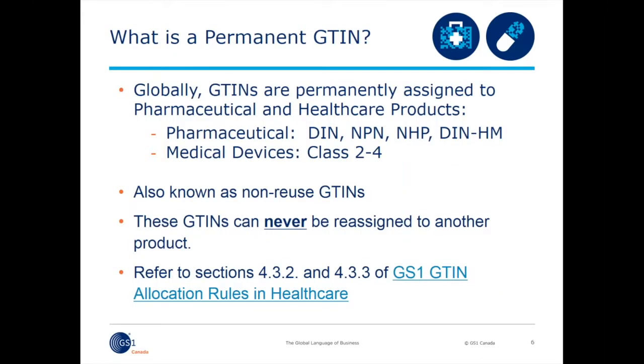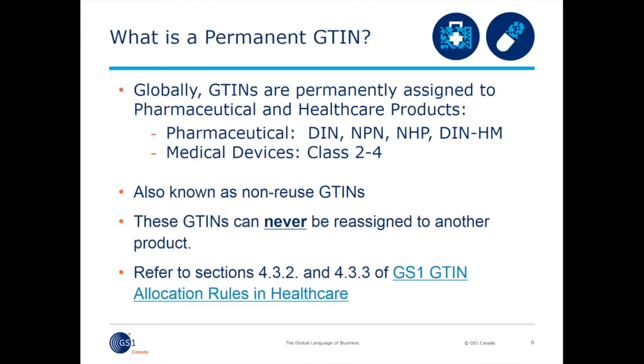What is a permanent GTIN and what types of product are impacted? Currently, in the GS1 general specifications, all regulated healthcare items may never have their GTIN reassigned. In Canada, a regulated healthcare item is any item which is identified with a regulated identification number or class.